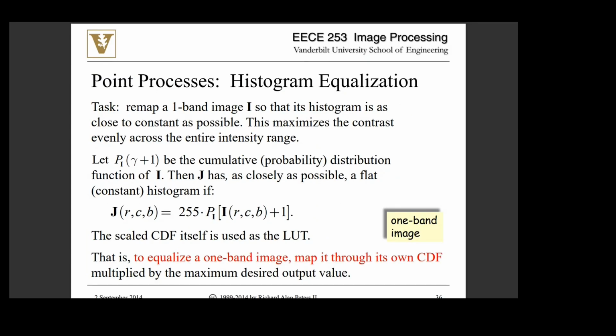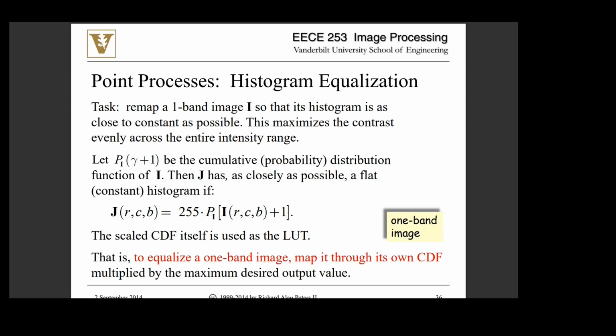How would you describe histogram equalization? You have seen the theory before. It is a transformation such that we try to make the histogram of the output as equal as possible. That is why it is called histogram equalization.